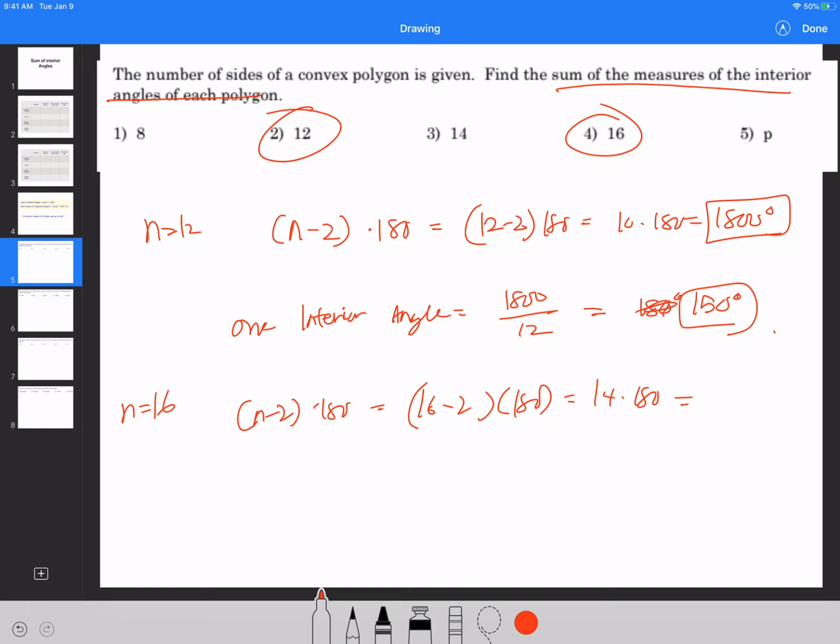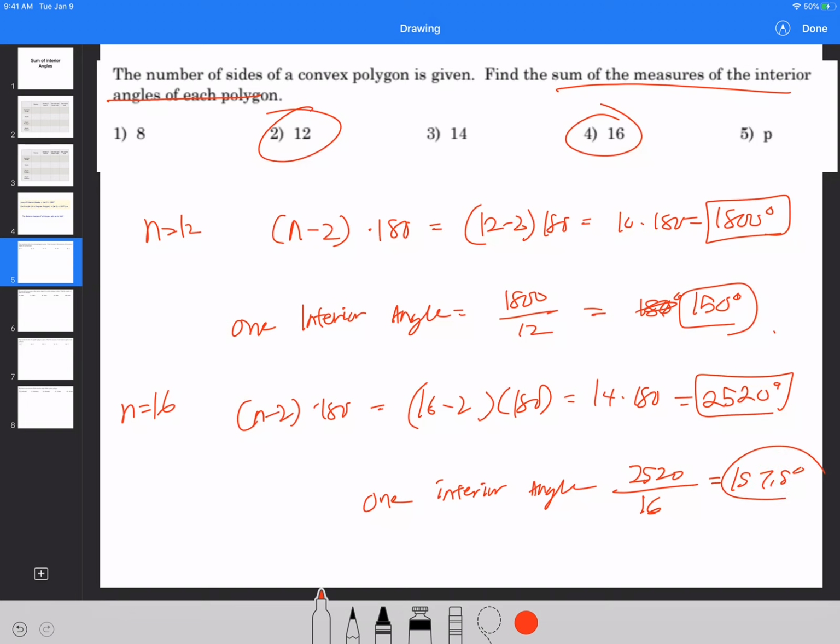Let's see, give me 1 second. So 180 times 14 should give me 2,520 degrees. Again, to find one interior angle, you would take the sum, which was 2,520 degrees, divide by the number of sides, and you will get 157.5 degrees, and that should be it.